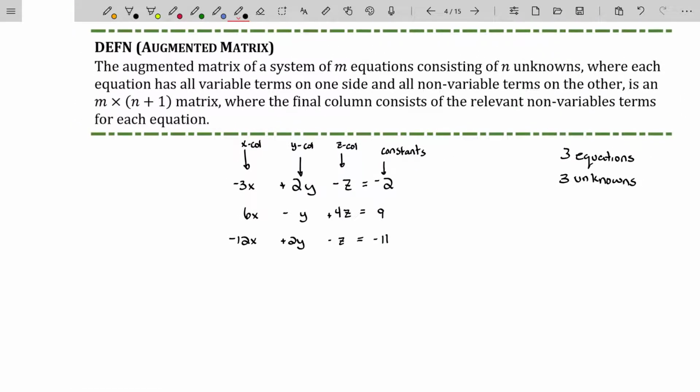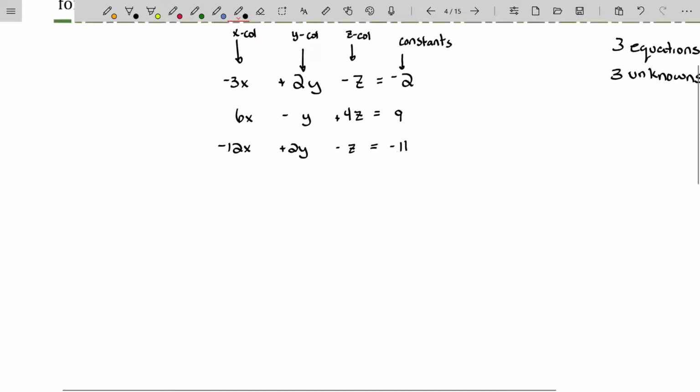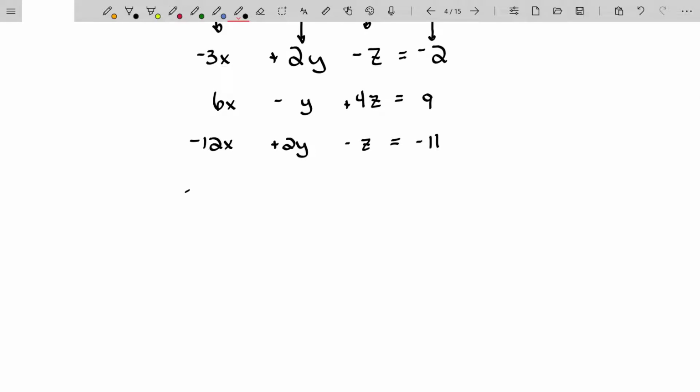Now, we are going to write the coefficients in a matrix. So I'll just write a matrix bracket there. I'm going to go by columns here. So -3, 6, and -12. And then the next column will be 2, -1, 2.